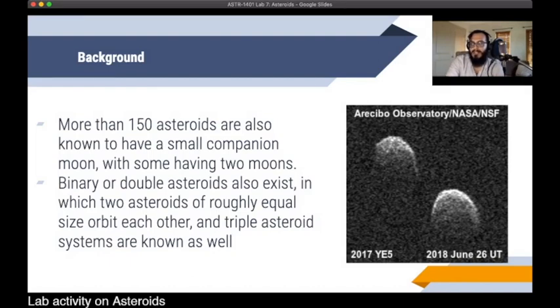Binary or double asteroids also exist, in which two asteroids of roughly equal size orbit each other, and triple asteroid systems are known as well. And so here are some images from the Arecibo Observatory. If you remember from the telescopes lab, the Arecibo telescope is a radio telescope, and it's really big. It sits in a sinkhole in Puerto Rico, and this is really cool.